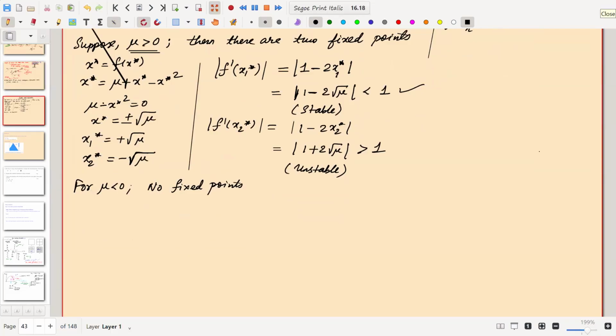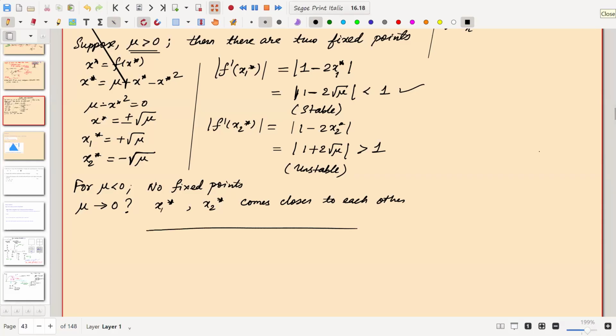Now notice, when mu tends to 0, what happens? When mu tends to 0, the fixed points x1 star and x2 star come closer to each other, isn't it? You can think of this as a number line.